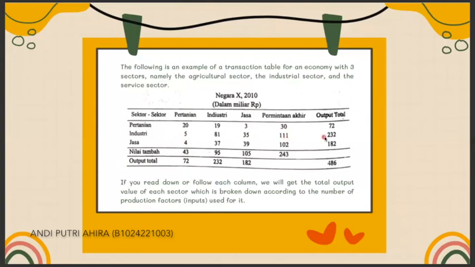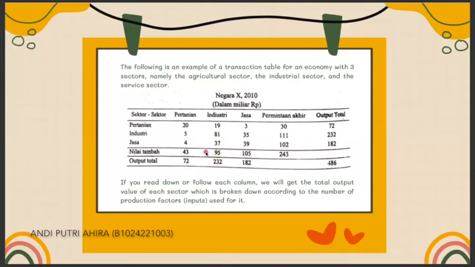Of that number, 19 were inputs from the agricultural sector, 81 are inputs from the sector itself, namely the industrial sector, and 37 are inputs from the service sector, and the remaining 95 are the added value generated from the production process in the industrial sector. So that's how you get the added value.